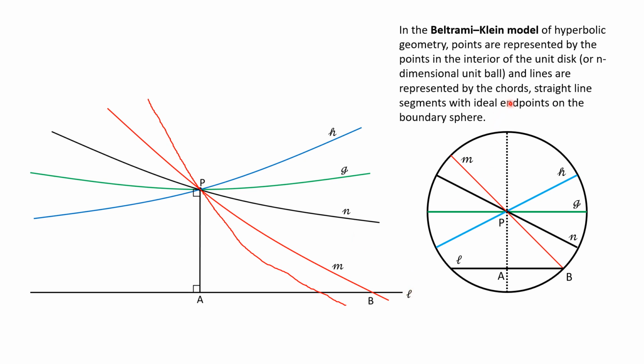Later on in a future lesson, I'll talk about several different models for representing hyperbolic geometry, but it turns out this technique I've used on the left is common in several textbooks, and it seems to be the easiest way to draw things. You just need to keep in mind that we're working in a curved space, and these things that look curved are actually straight lines in hyperbolic geometry.